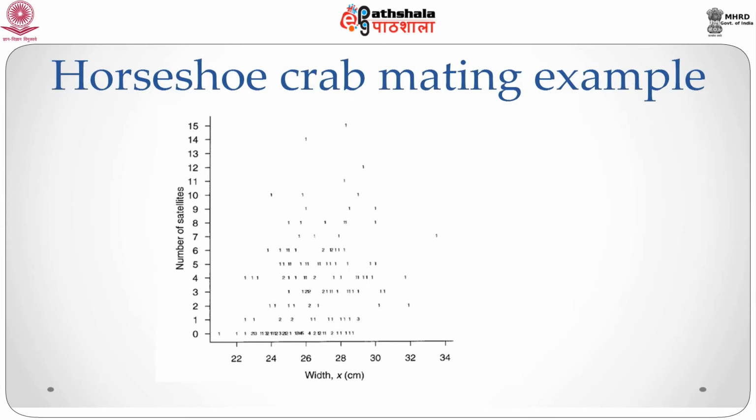We could perhaps get a more revealing plot by classifying width into several categories and then plotting the category means against the width and smoothing the plot. This, of course, requires a reasonably large data set.